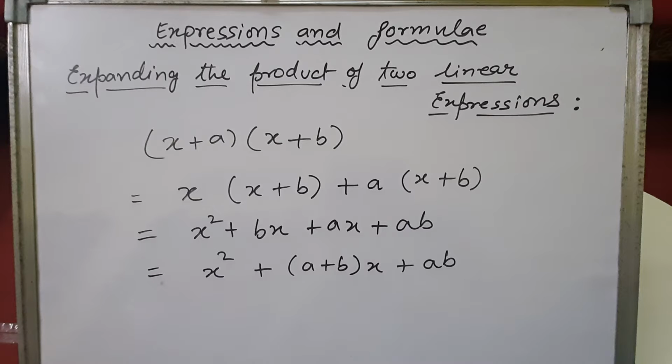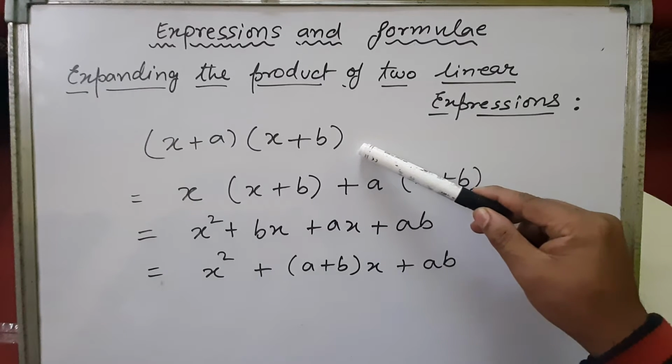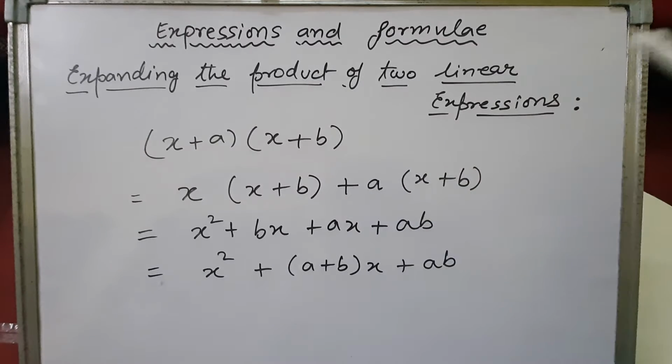Now here we have two linear expressions, one is x plus a and one is x plus b. And we have to find the product of these linear expressions. That means we need to multiply these linear expressions, right?